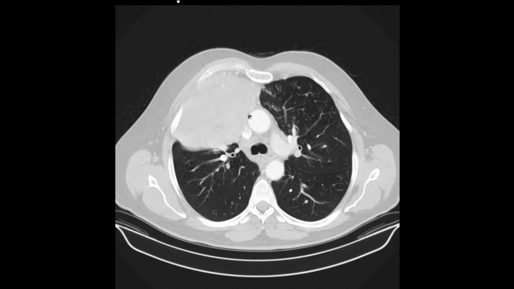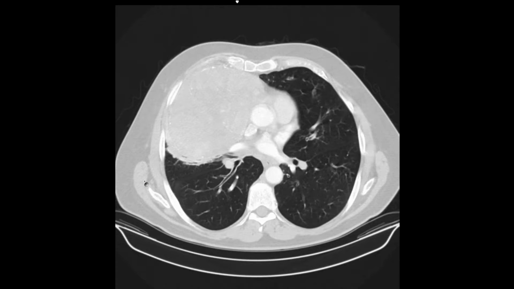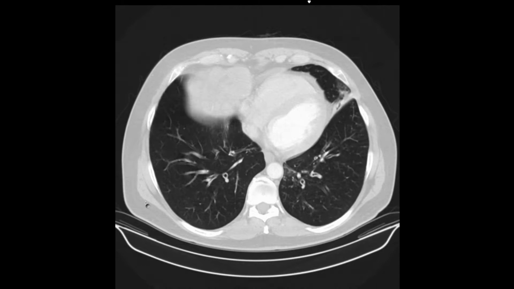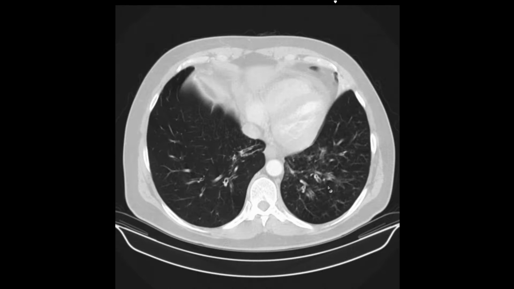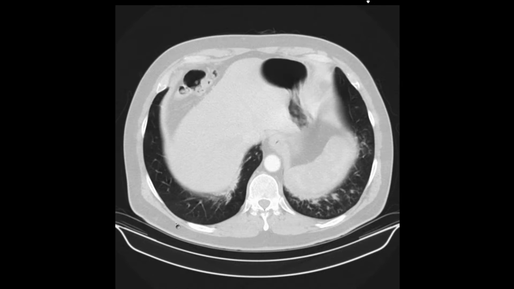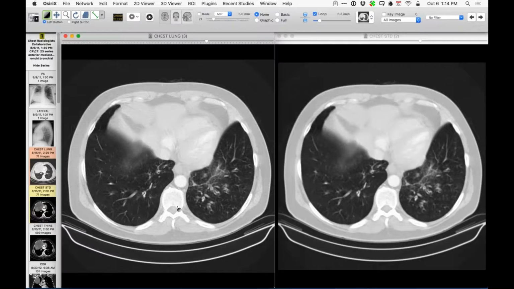In locations such as this, we see bronchioles filled with intraluminal material, areas of normal lungs, so patchy but still multilobar. Here again, the bronchi in particular and bronchioles are abnormal, filled with intraluminal material.